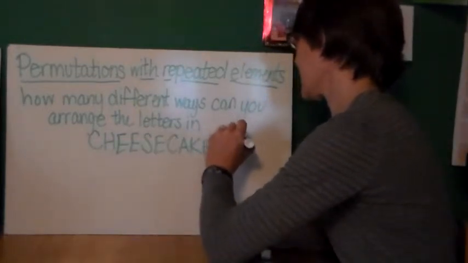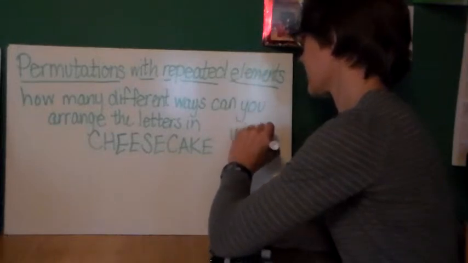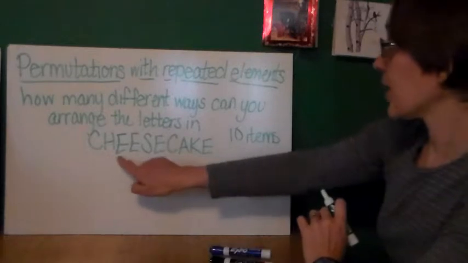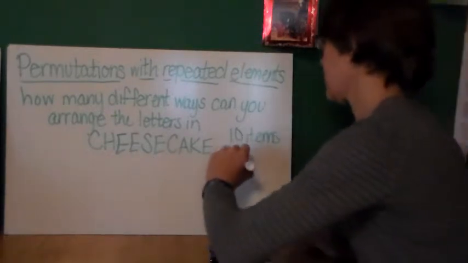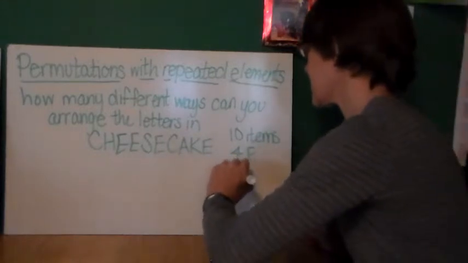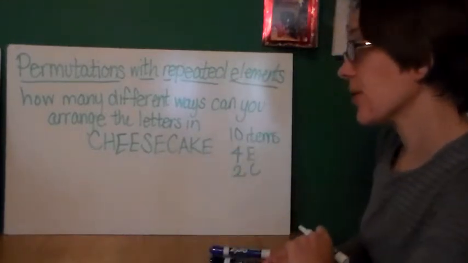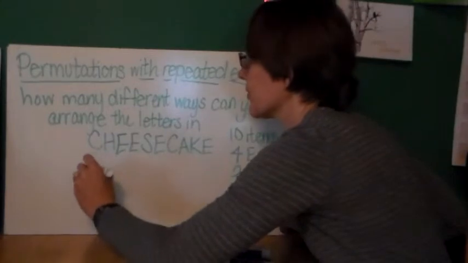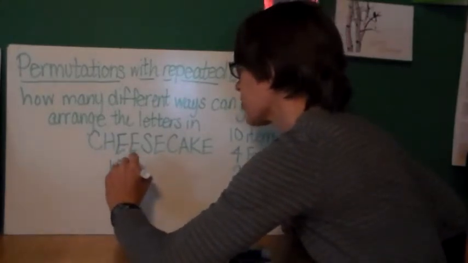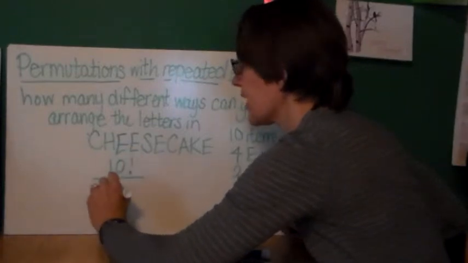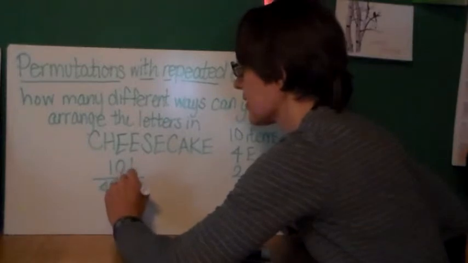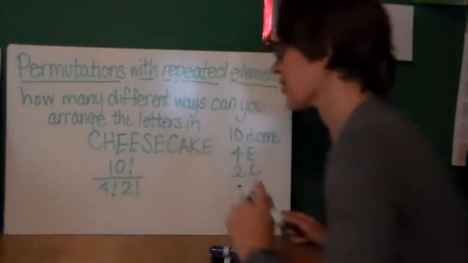So I have 10 items. Out of those items, I have 1, 2, 3, 4 E's and 2 C's. So for my permutation, I'm going to have 10 factorial divided by 4 factorial times 2 factorial.